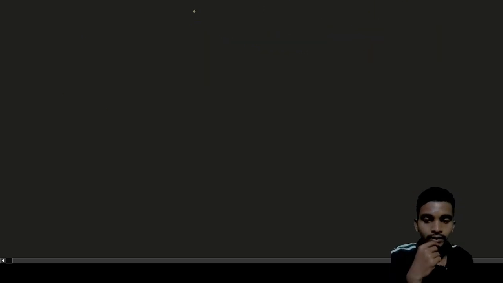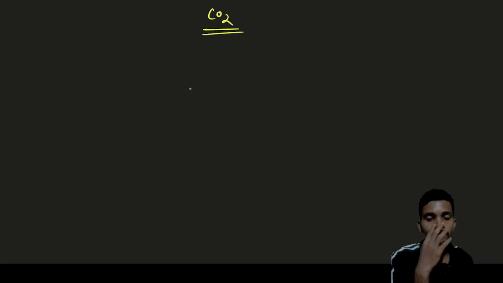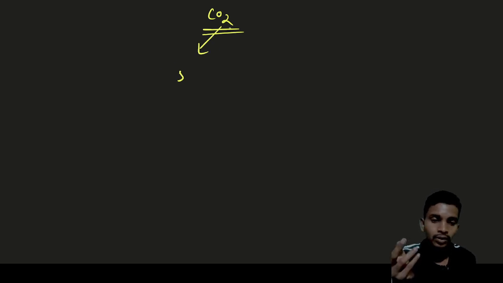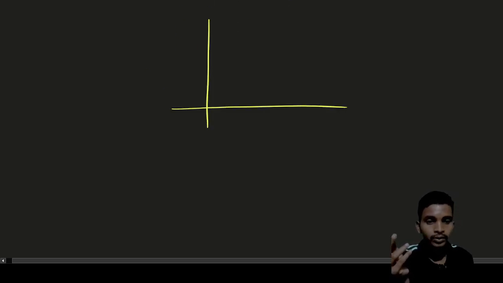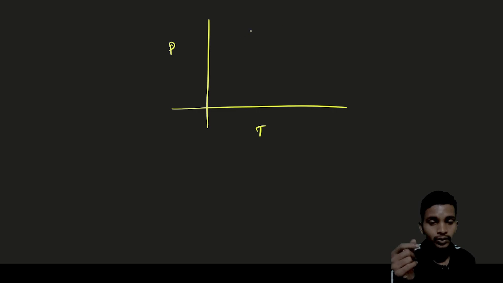So let's discuss that positive slope, that is carbon dioxide. Carbon dioxide also exists in three forms: solid, liquid, and gas. So pressure and temperature, slope is positive. Positive slope means like this, and negative slope is like this.